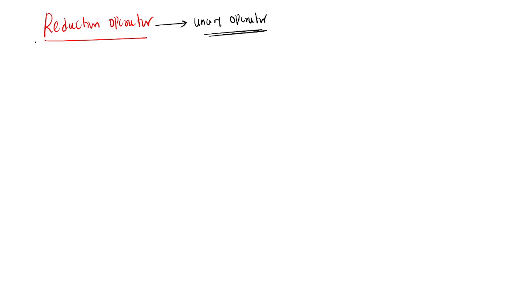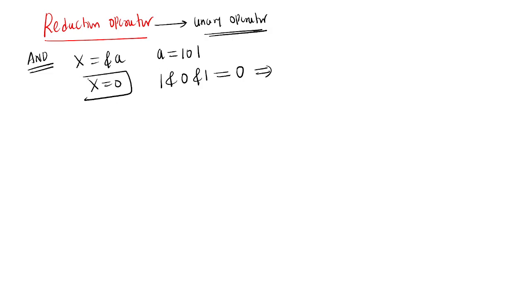So this is reduction operator. Suppose you consider reduction AND. The symbol is x equal to AND of a. Suppose a equal to 101. What it will do is AND 1 and 0 and 1, so the total value is 0. So x equal to 0, like this.